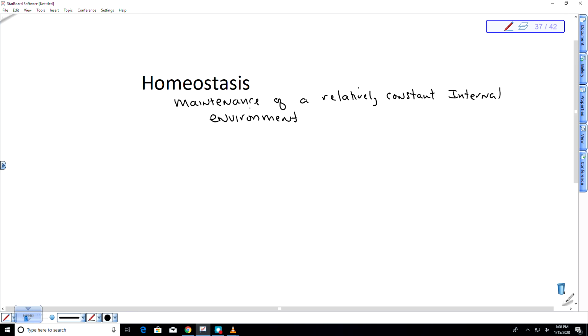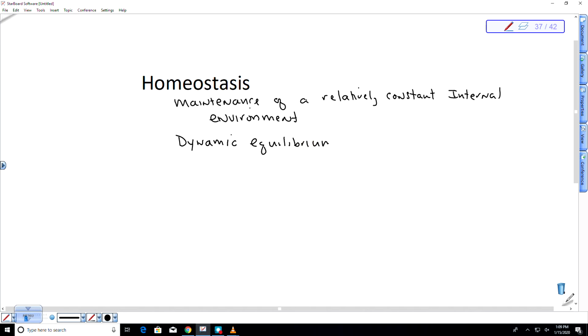Homeostasis technically means same state, but notice that I put relatively constant here, because there's this new idea that instead of homeostasis, we might want to call it a dynamic equilibrium.